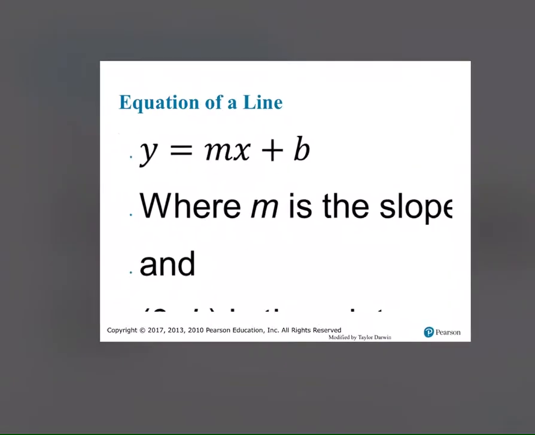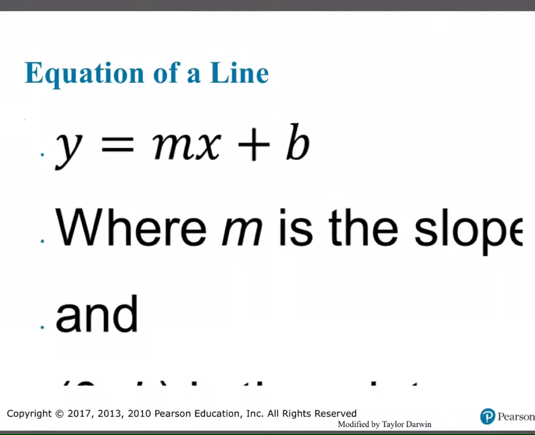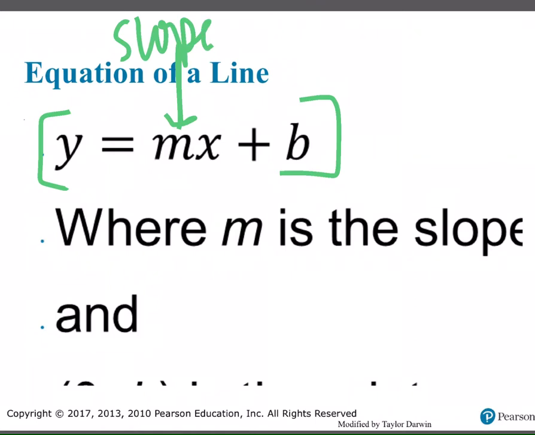If you took algebra, this is the equation that we're going to be using. M represents the slope, so the steepness of a line. And B represents the y-intercept, so where it goes through the y-axis.